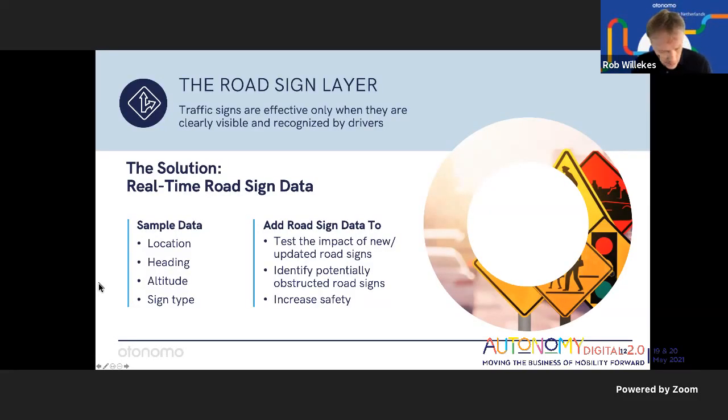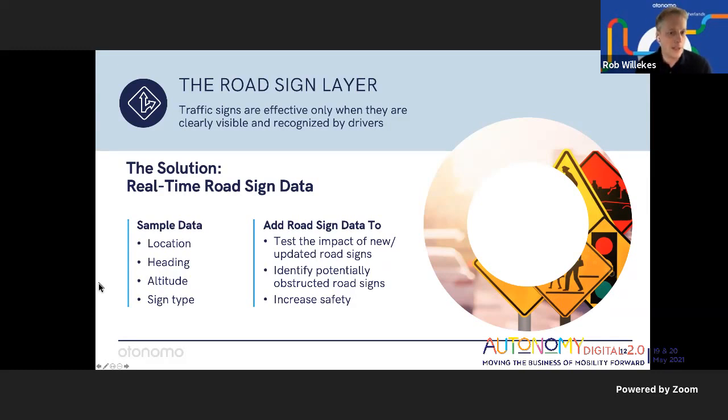So another big component of the data that we supply is road signs data. Imagine that you have millions of cars driving down the road and they are recognizing where signs are, what the position of that sign is, and also the sign type.